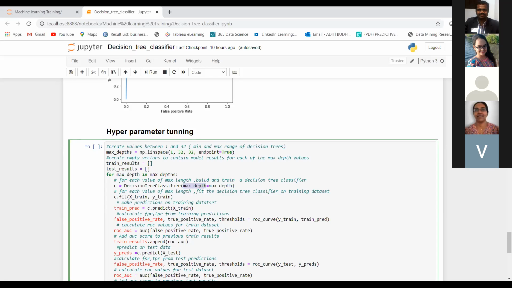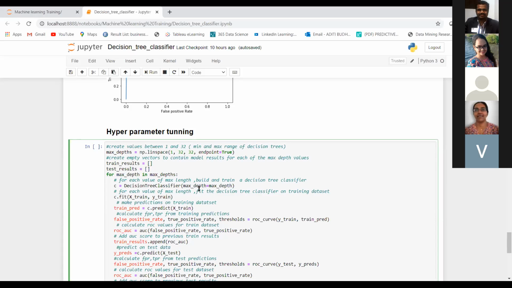Correct. So in order to control this overfitting problem, we also use this max depth feature, or some other features also we could use, but we could specify this feature also. So maximum depth, let's say if I do not provide it, then my decision tree would go on growing and growing and growing.